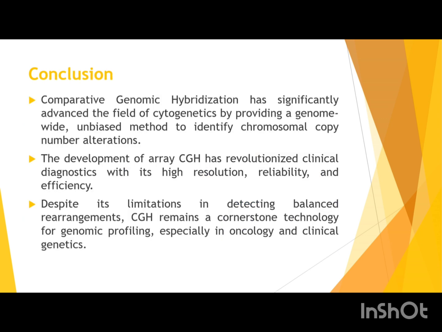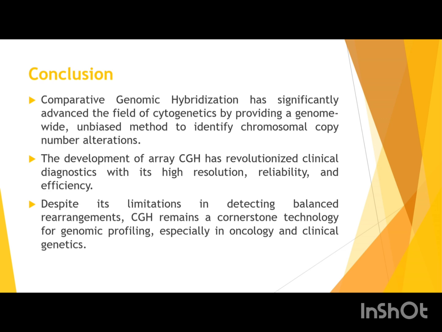So we can conclude that comparative genomic hybridization has significantly advanced the field of cytogenetics, as it provides an unbiased method to identify chromosomal changes or chromosomal number alterations. Chromosome structural changes like insertions and deletions can be detected, but translocations and inversions cannot be diagnosed.